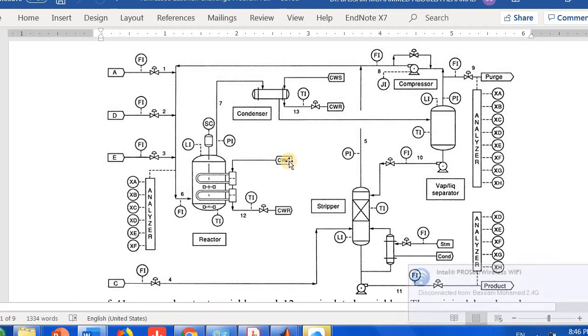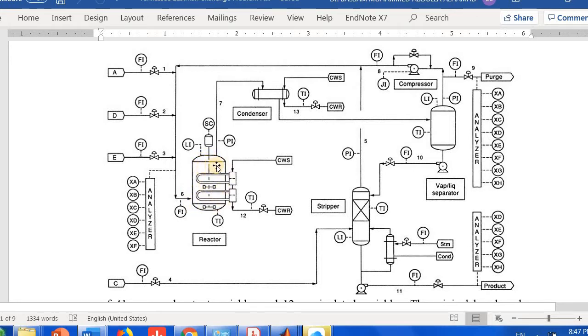This is the cold water supply, with cold water getting in and out.